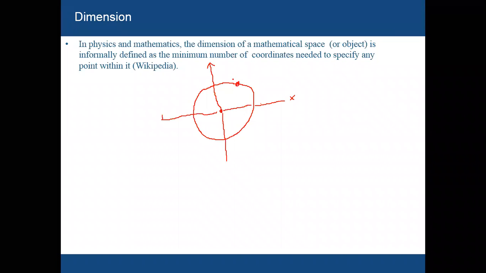Let's suppose we need just one variable, and that is the angle theta. If we know the angle, we can specify the location. This one is for 0 angle, this one is for 90 angle, and let's suppose this is angle 45 degrees. If we know the angle is 45 degrees, we can specify the location. Same for this point, same for this one.